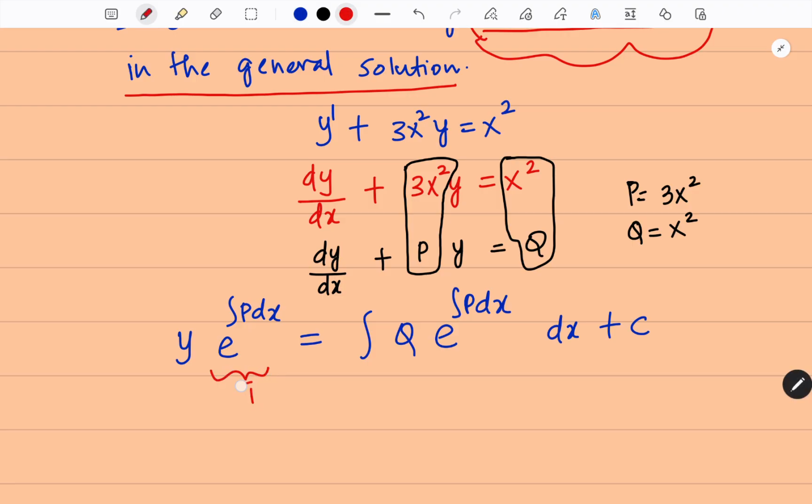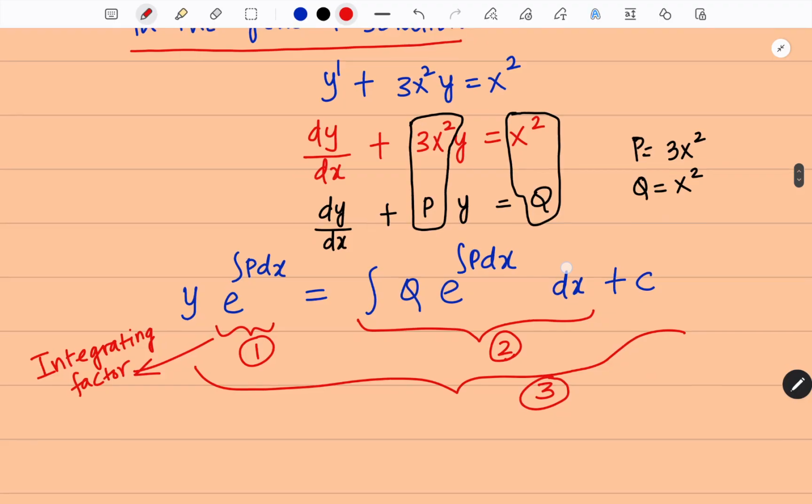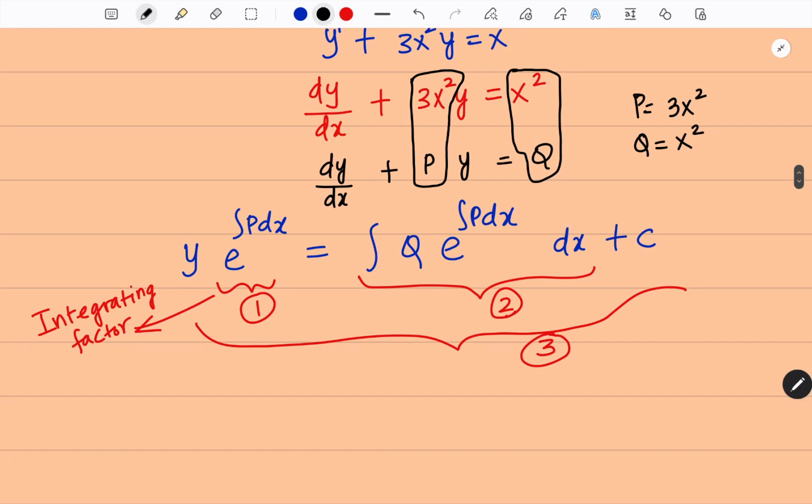This is your step number 1, and mathematically we call it the integrating factor. If you want, you can remember this, otherwise remember the solution only. And this is your step number 2, and the whole thing we are going to find out as step number 3. There are 3 steps. Okay, let me go to the first step. Step number 1.